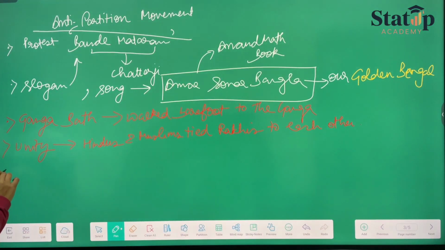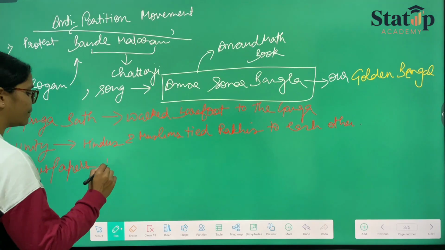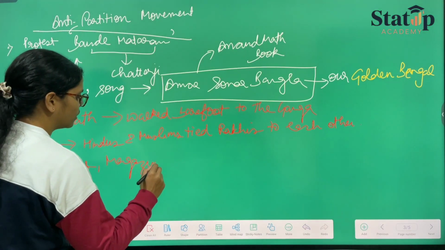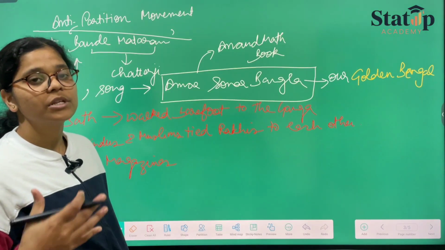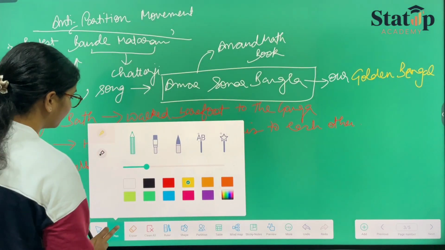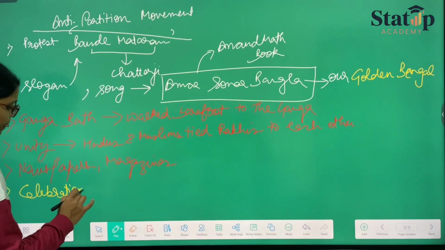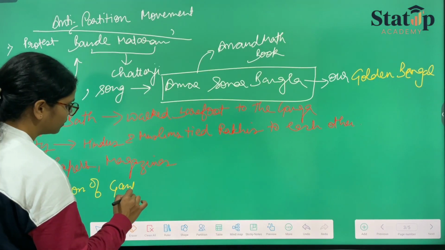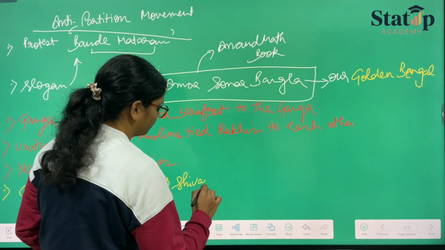Then there were many protests that came in the form of newspapers as well. Newspapers were there, magazines were there, and so many other things like letters, posts, telegrams, and all of those things were also there. Another thing that took place at that point of time was the celebration of Ganpati and Shivaji festival.